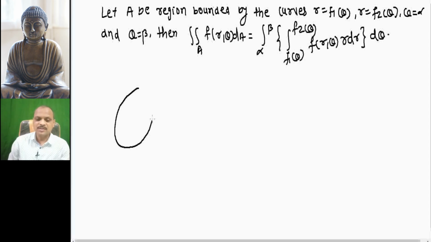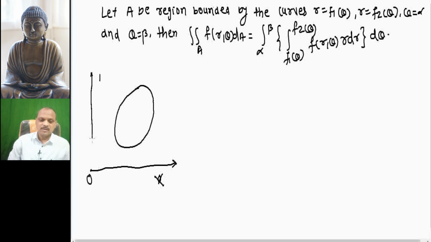Suppose this is my region and this is a fixed line, the fixed line O X. From this fixed line we can measure angles, and suppose this is radius r1, this is radius r2, and these are the angles.